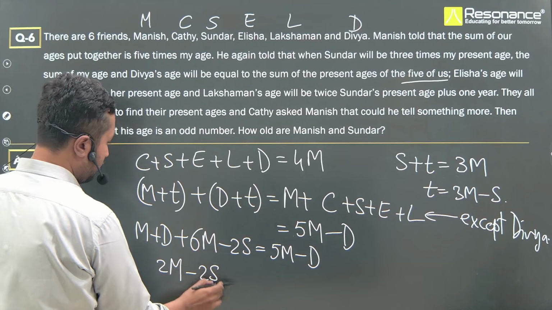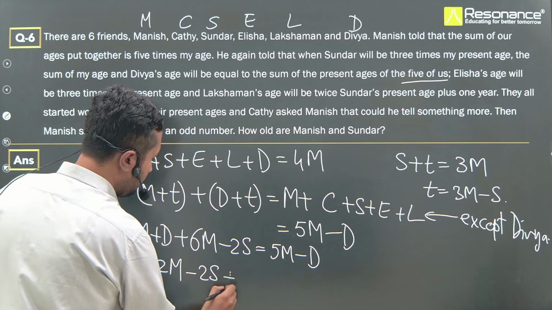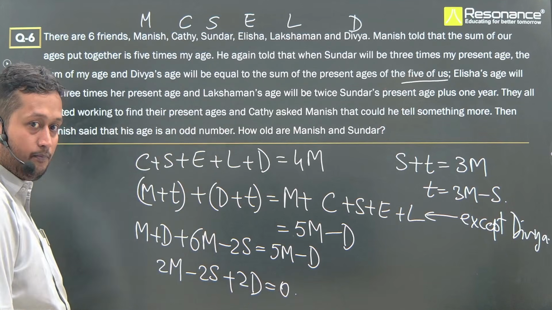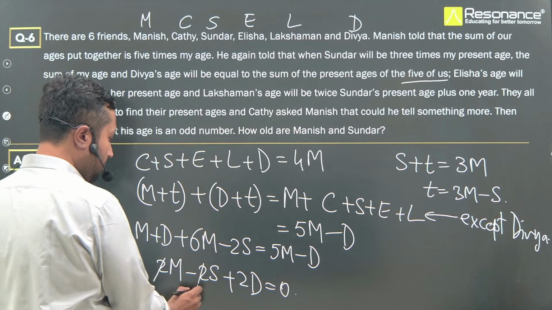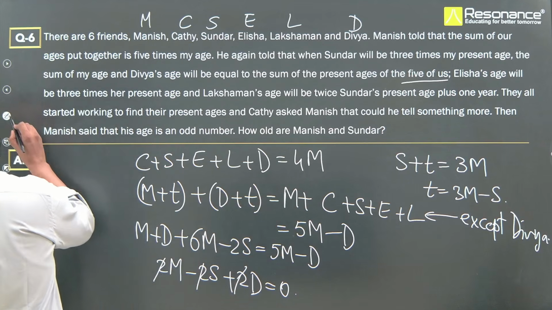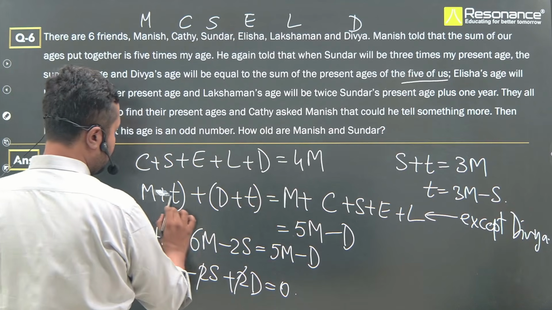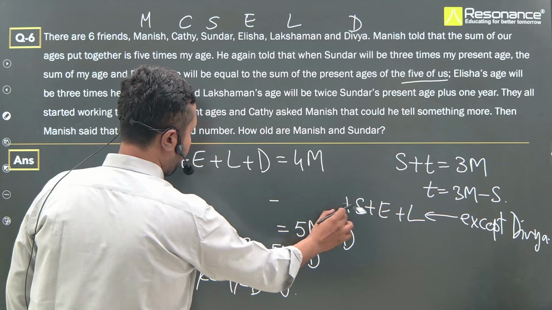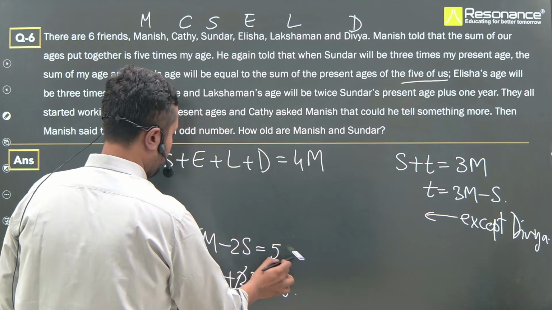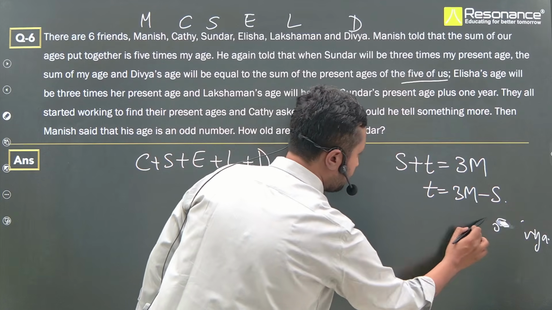Let's bring everything to one side. If that D comes here, you'll have plus 2D is equal to 0, right? And 2 is common everywhere, so that's gone. So all of this is really just telling you that M, yeah, you know what, I'll remove all these things. Because it is just one single equation.